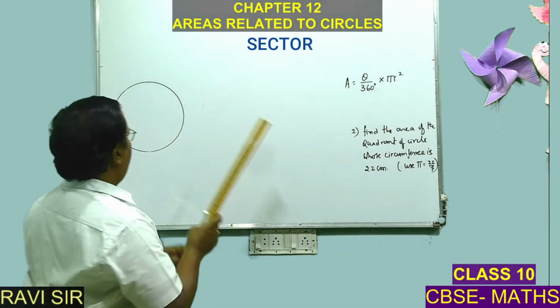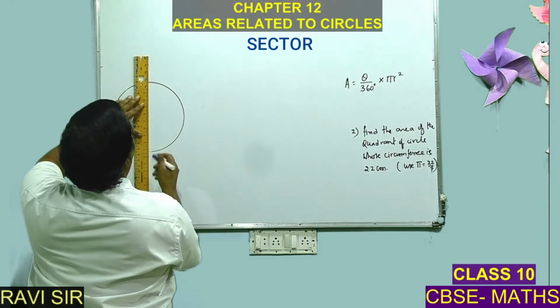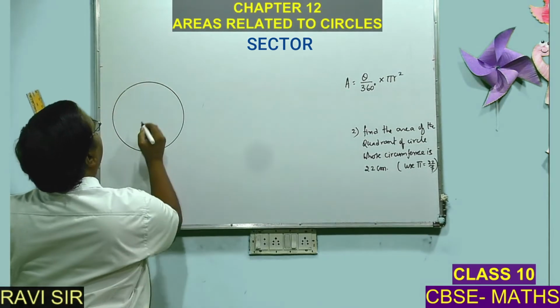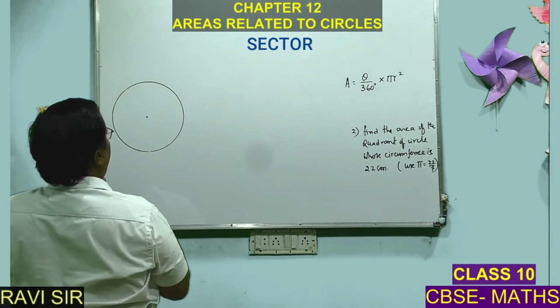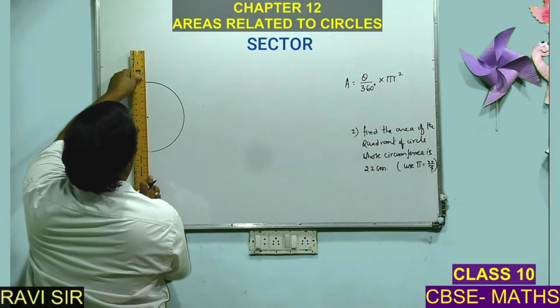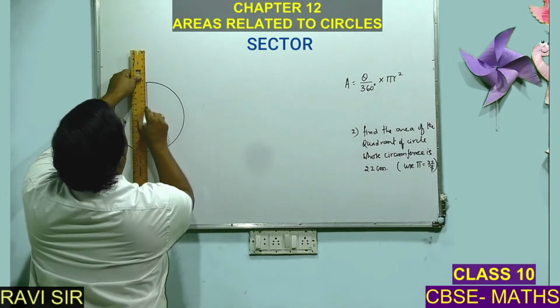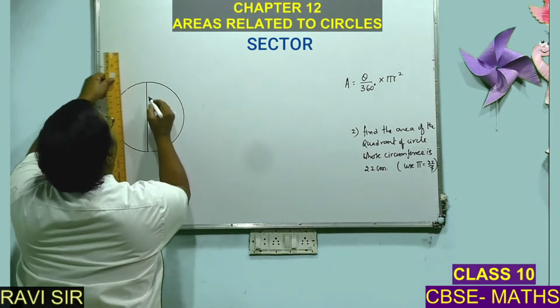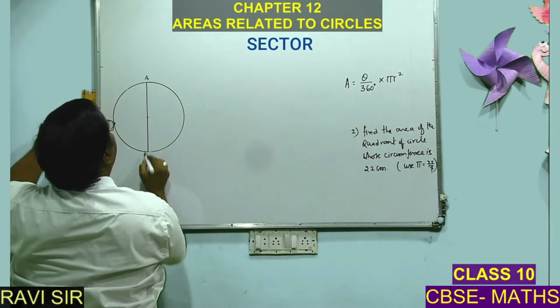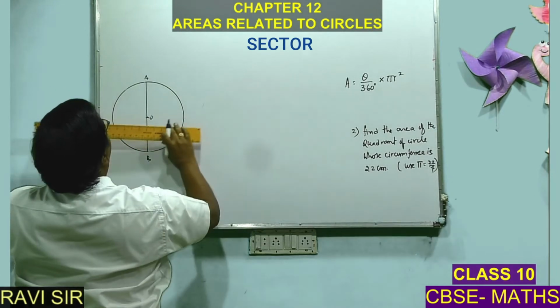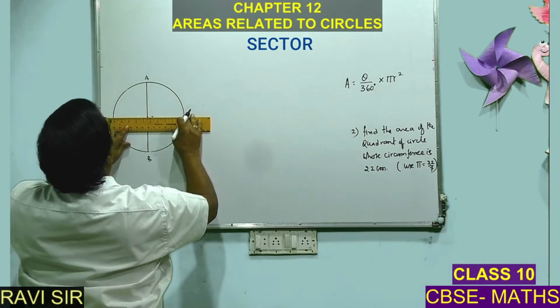If you draw two diameters, let us indicate this one also. Let us draw a diameter. AB is a diameter, O is the center, and draw one more diameter perpendicular.